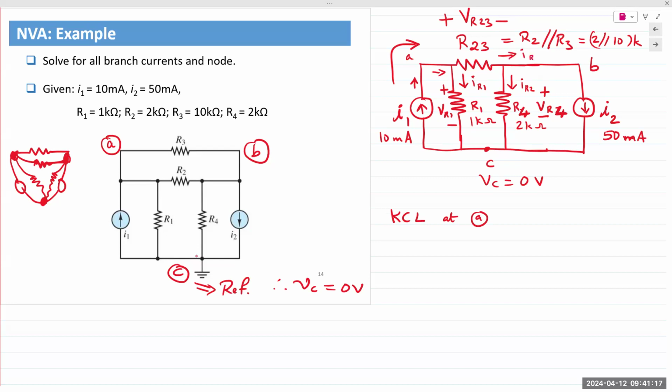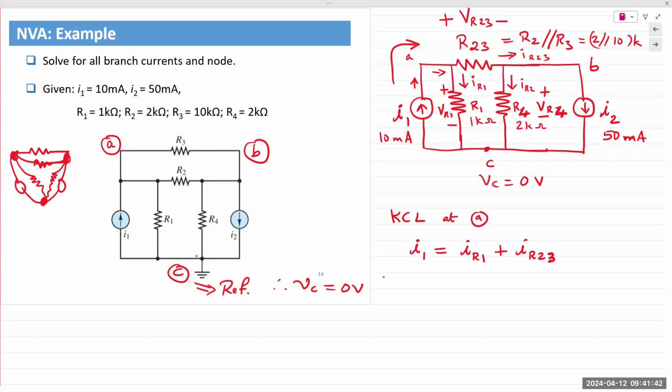Let's call this IR23. IR23 is leaving and IR1 is also leaving. So I1 is equal to IR1 plus IR23. Easy enough, right? Simple KCL.